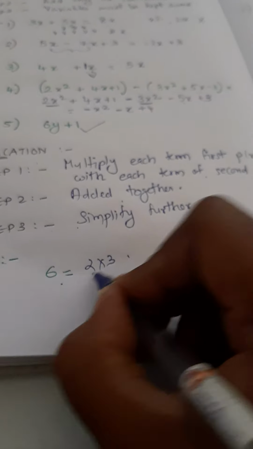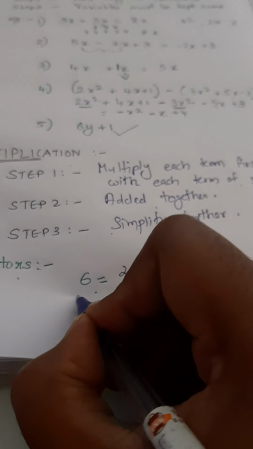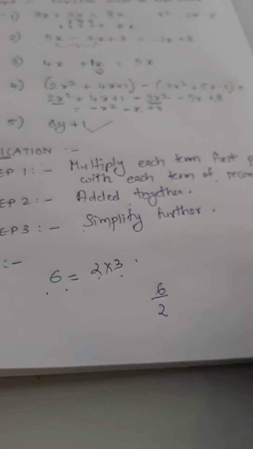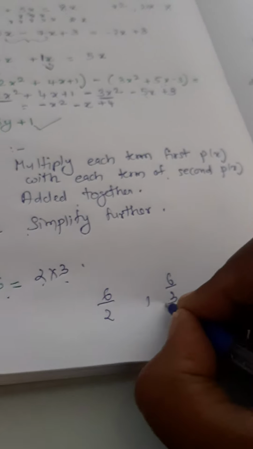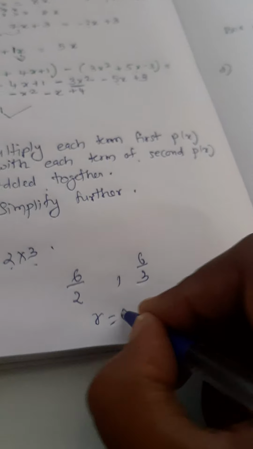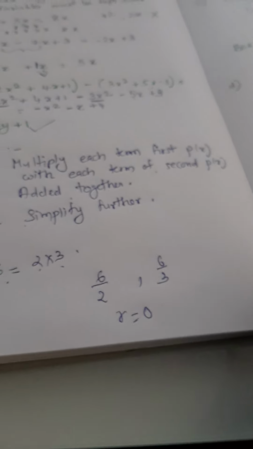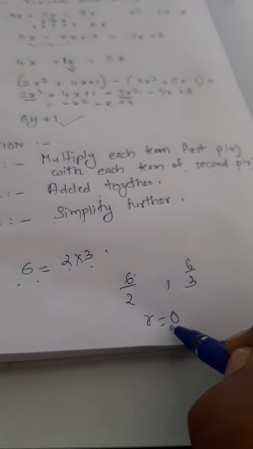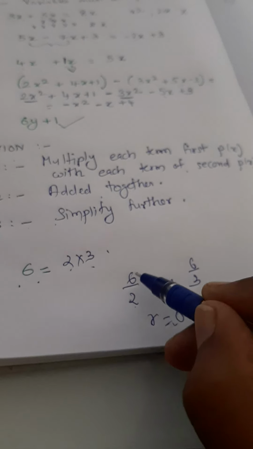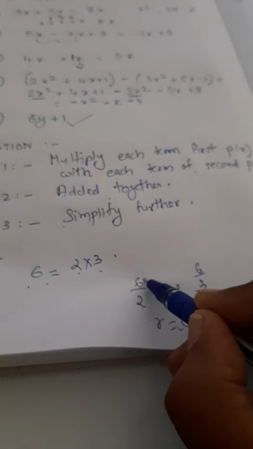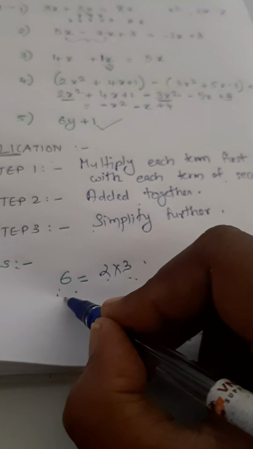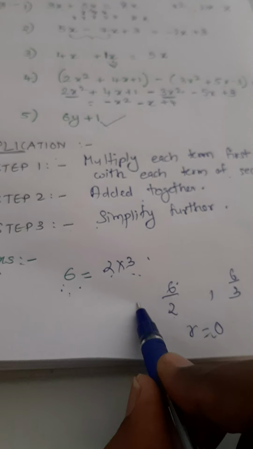So 2 and 3 both are factors of 6, which means that if you divide 6 by 2 or you divide 6 by 3, you will always end up with getting remainder as 0. So when you divide a number with another number and you get a remainder 0, then the divisor is a factor of the dividend. So in this case, 2 is a factor of 6 and 3 is a factor of 6. Okay, so keep this in mind.